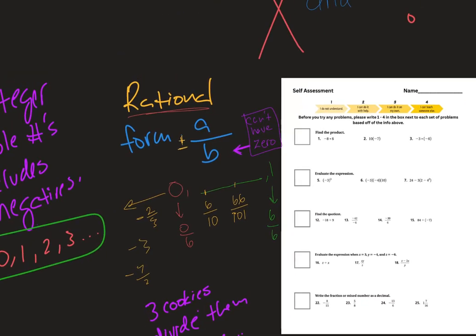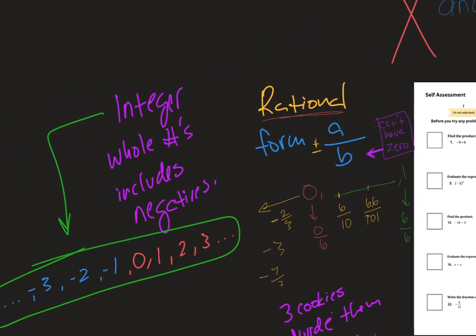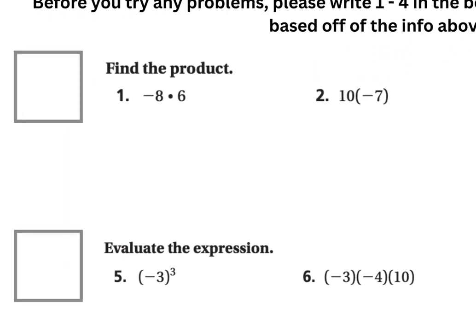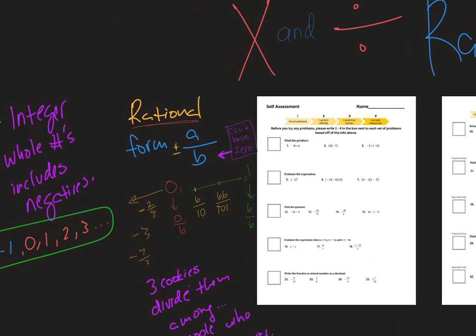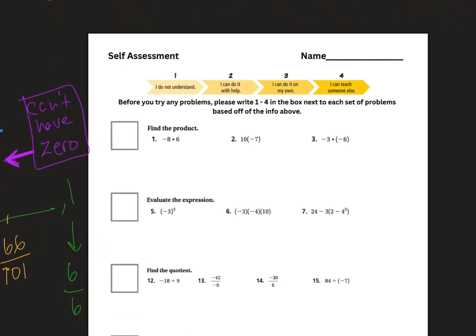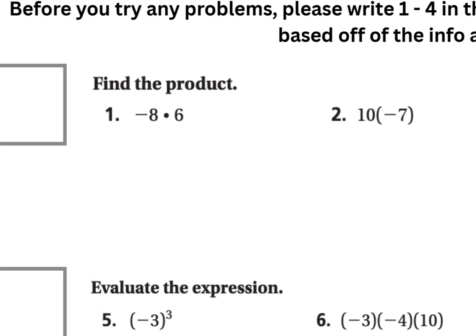Okay. Wow, 3 minutes, and we've just talked about integers and rationals, but it needed to be said that these are technically rational numbers because the integers fit inside of the rational numbers. Moving on. -8 times 6. Multiplication is repeated addition.